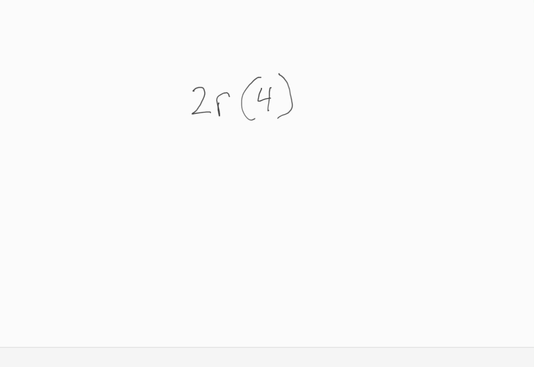And here, what's the sign? Also an invisible plus sign. So we have 2 plus signs. And if we have 2 plus signs, there are no negative signs. So our answer is going to be positive, because if there's an even number of negative signs, then it's positive.